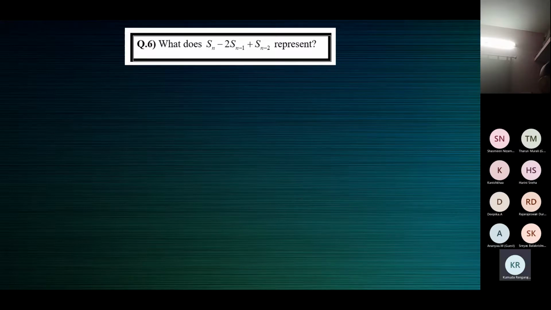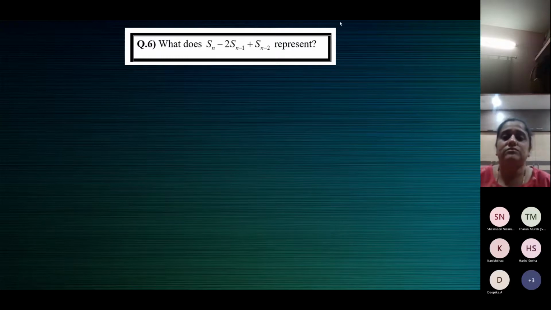This is a 1 mark question. MCQ. Shall we do it together? Yes, ma'am. Yeah, okay.